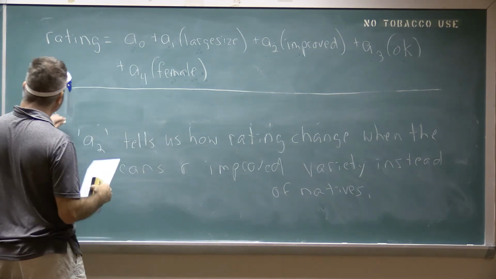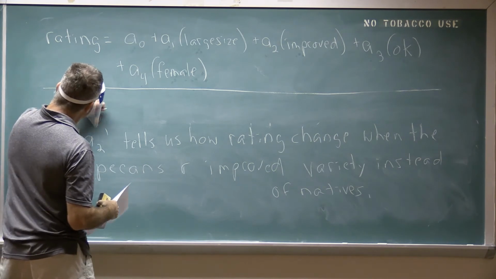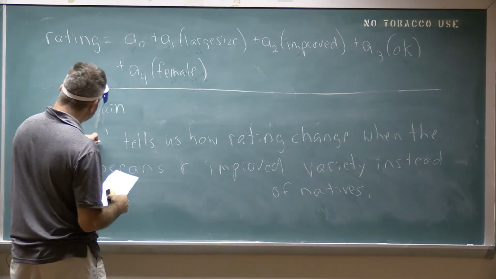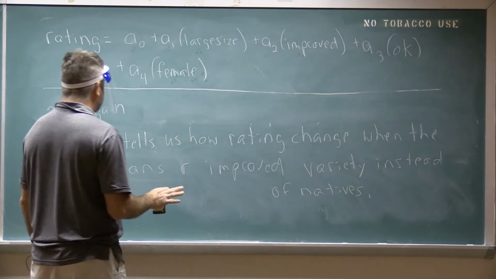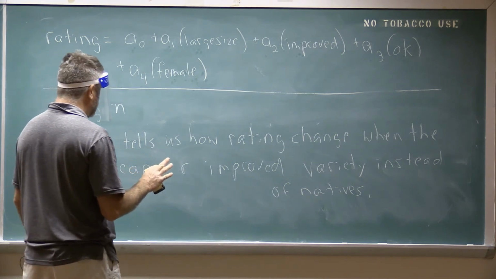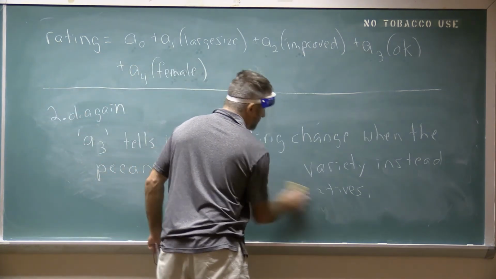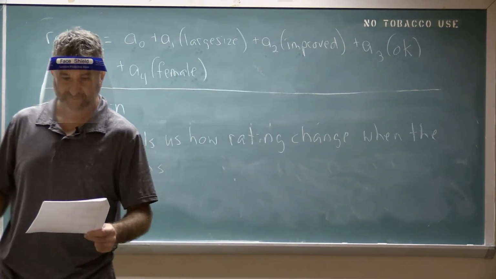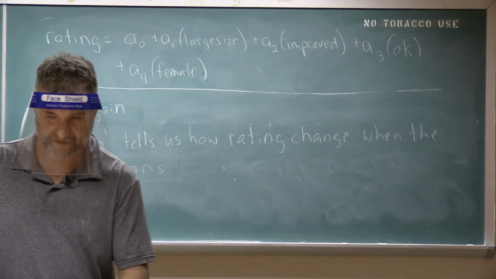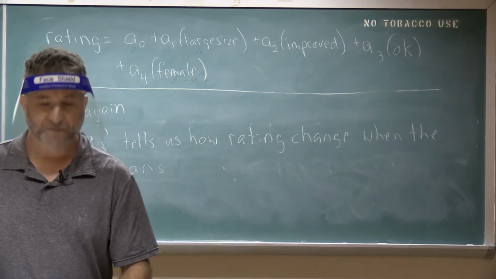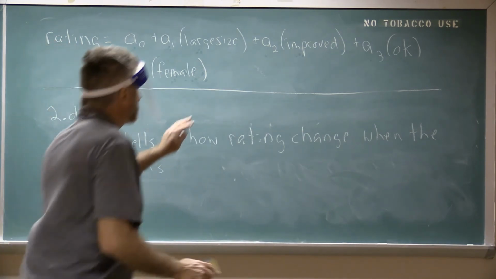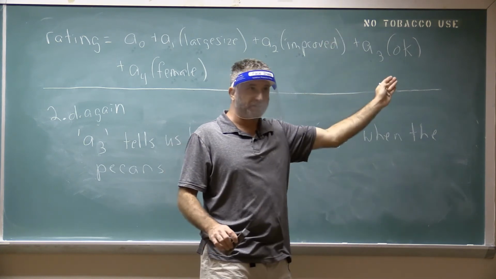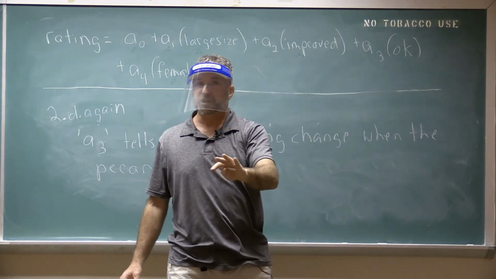Now we've got another 2D. 2D is asking about the coefficient A3. And we're going to have a similar answer. So A3 is going to tell us how the ratings change when the pecans are something instead of something. And what's the answer there? What's the default when... So A3 is multiplied by OK. So A3 only matters when OK goes from 0 to 1. When OK is 0, what does that refer to?